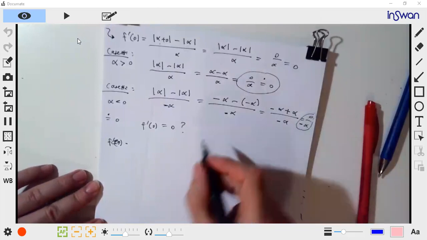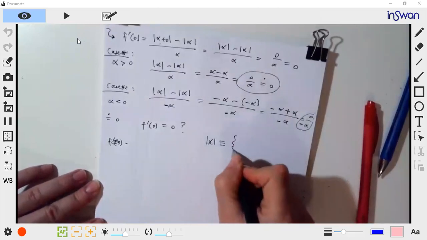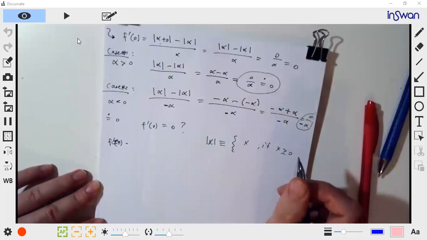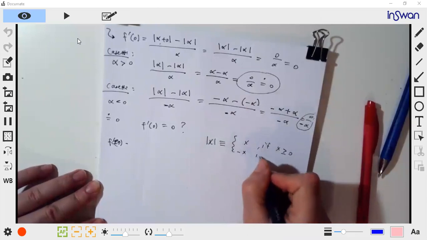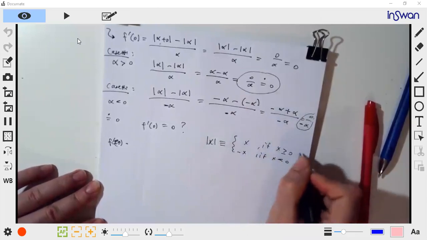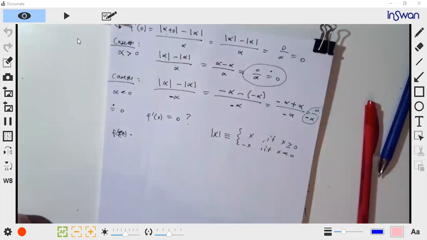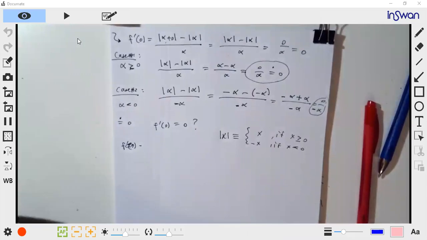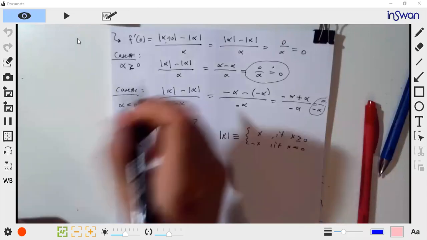But as you can see, the absolute value of x is defined to equal x if x is a positive or 0 number, and -x if x is less than 0. So over here, we could have written alpha is greater than or equal to 0, and we would have gotten this. And over here, we could have written alpha is less than 0, okay? But notice that, what about alpha equaling 0 here in this case.